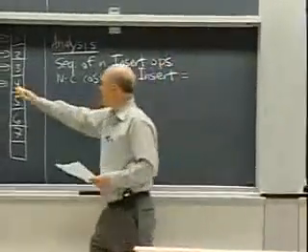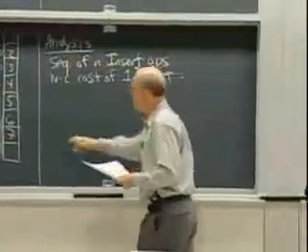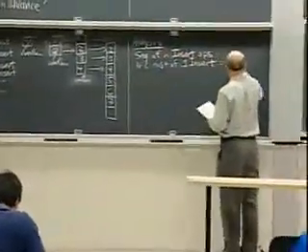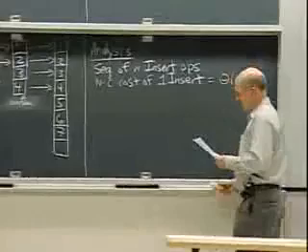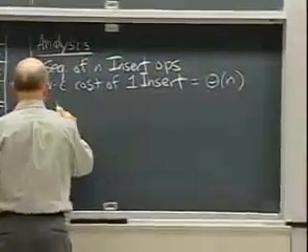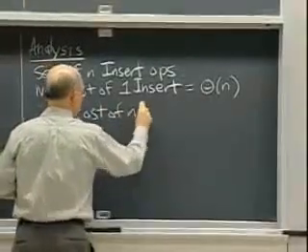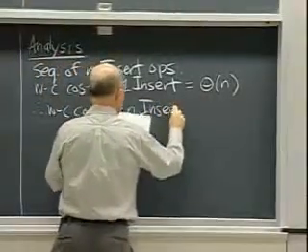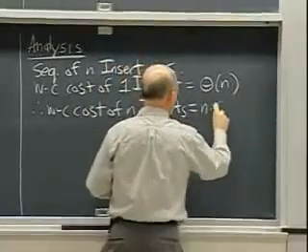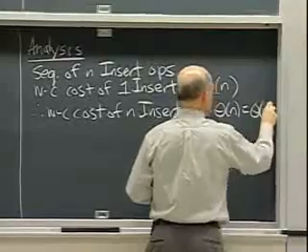Whatever the overhead is of copying, if we counted it as 1, it'd be basically n or n plus 1, because we've got to copy all those. So it's order n. Therefore, the worst case cost of n inserts is equal to n times order n, which is order n squared.